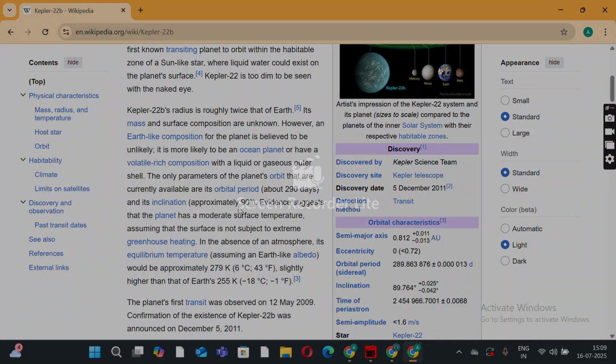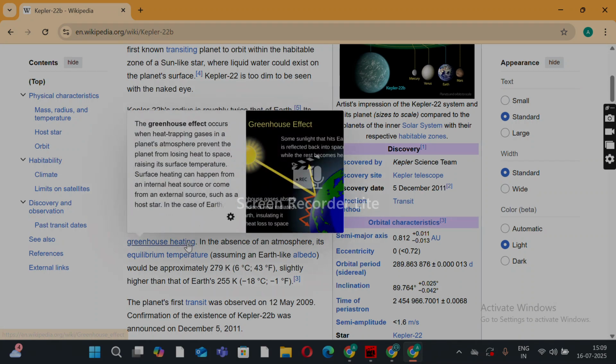Evidence suggests that the planet has a moderate surface temperature, assuming that the surface is not subject to extreme greenhouse heating.